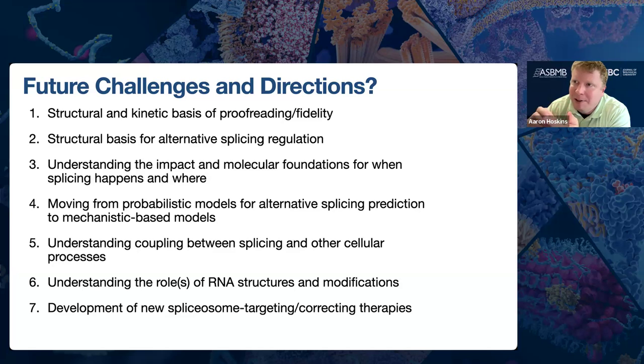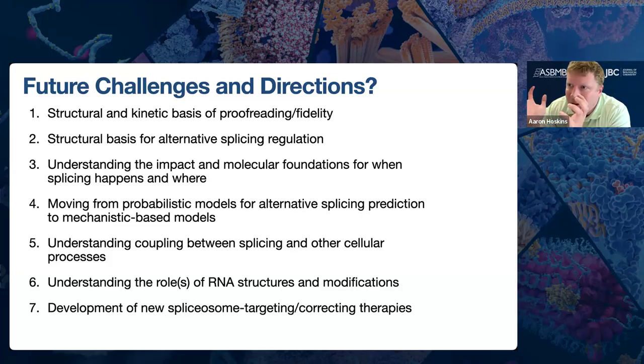And here I'm talking about whether splicing happens co-transcriptionally or not, or if it happens in phase-separated compartments in the nucleus or not, and how those things are controlled and how much they matter. Moving from probabilistic models for alternative splicing prediction to mechanistic-based models. We have very good tools for predicting alternative splicing, such as SpliceAI, but they're based on probabilistic inferences.